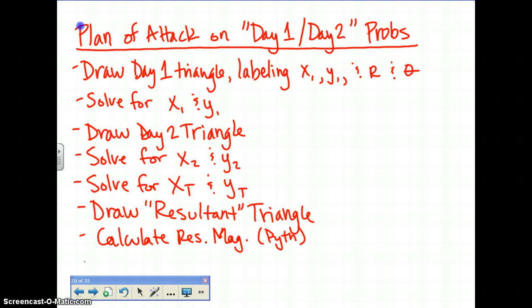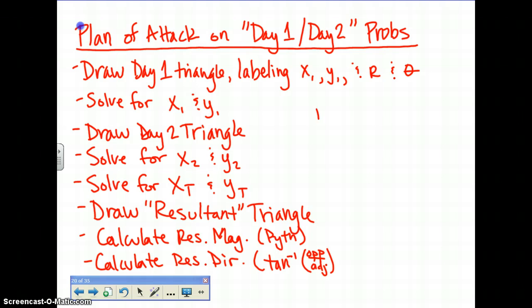And then you're going to calculate resultant direction by using inverse tan of opposite over adjacent. And I want to write it that way because remember, it'll be y over x if the ultimate triangle is a bow tie, and it'll be x over y if the ultimate triangle is an hourglass. So I don't know yet. We got to keep it very, very plain Jane right there.